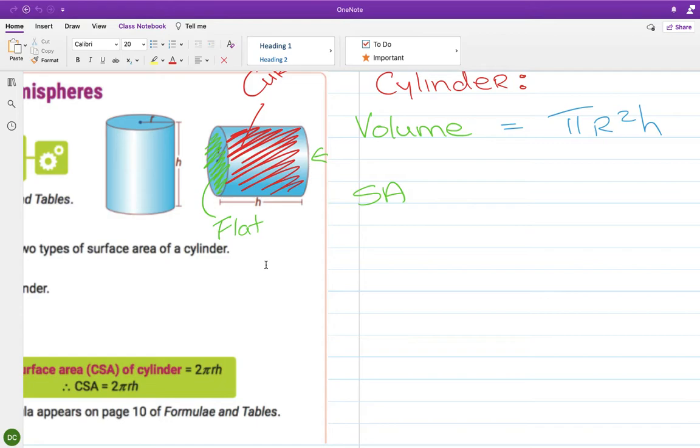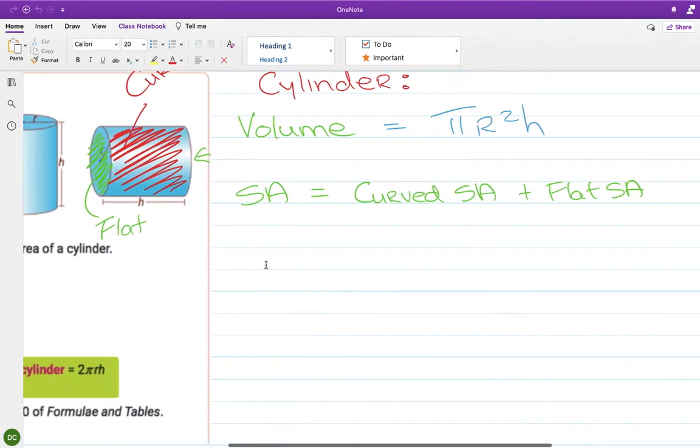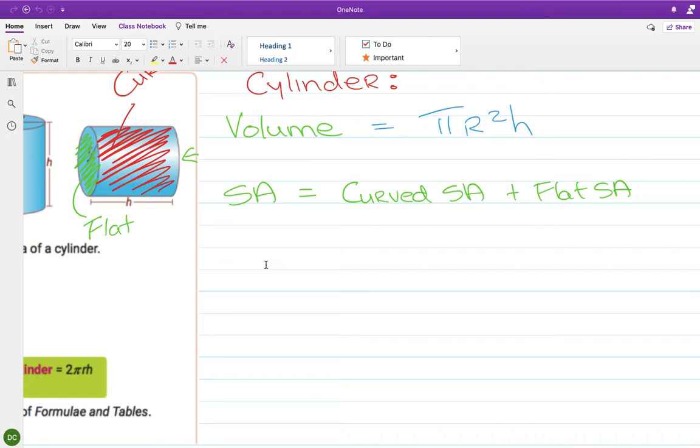Yeah? So to get the surface area of a cylinder, it is a combination of the curved surface area and the flat surface area. Okay? What they give you in the formula and tables book is just the curved surface area.